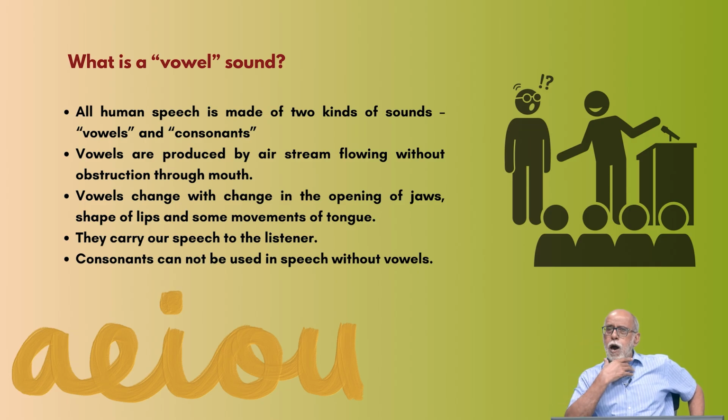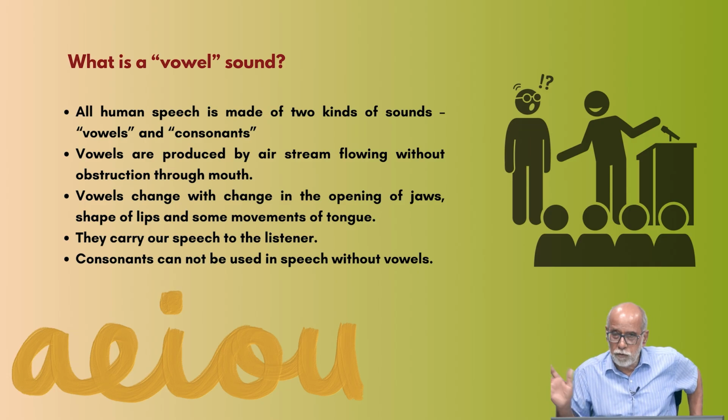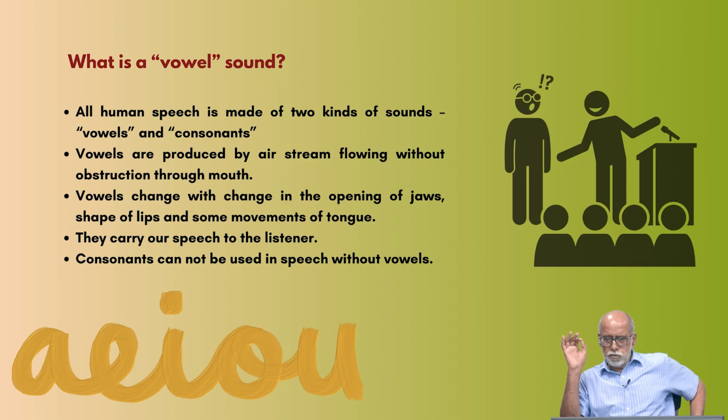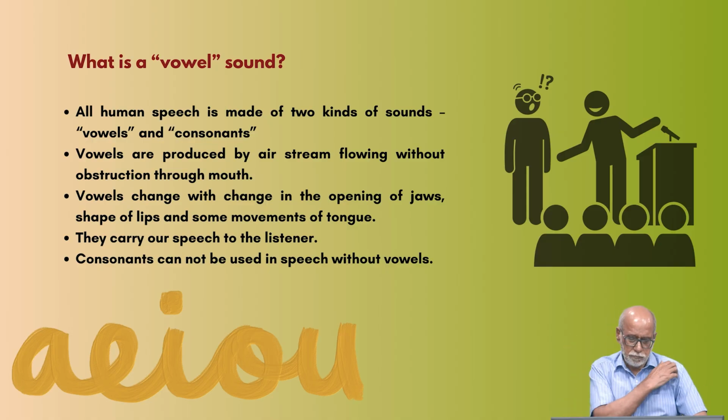So, you have pa, pa, okay, pa, for ah, the mouth is open fully, no obstruction there. So, sounds that are produced without obstruction in the oral passage are known as vowel sounds. Okay. But if that is the case, then how do we get different vowels?